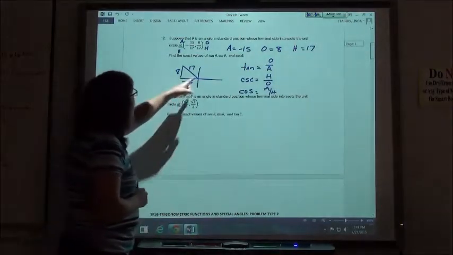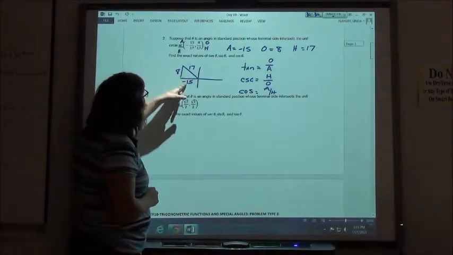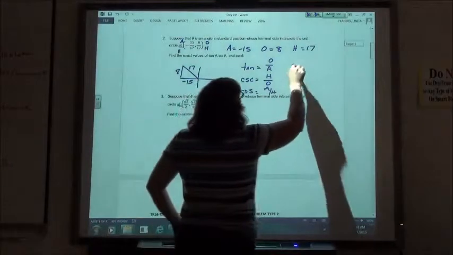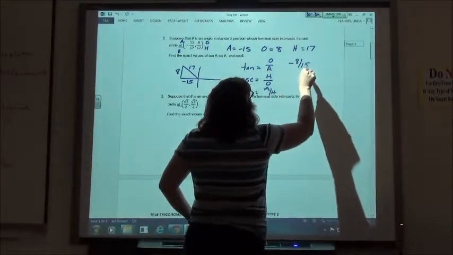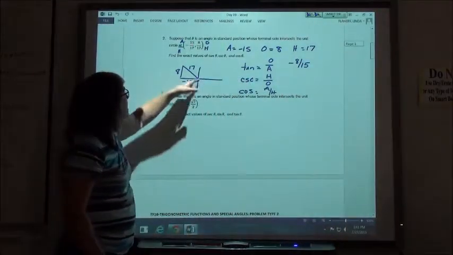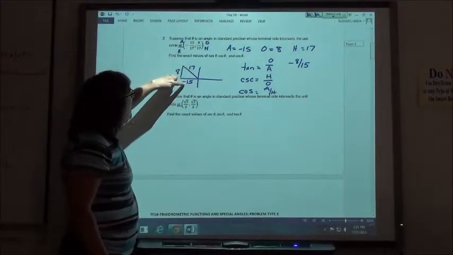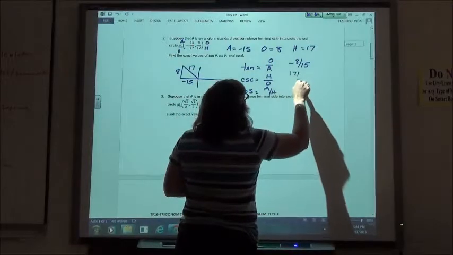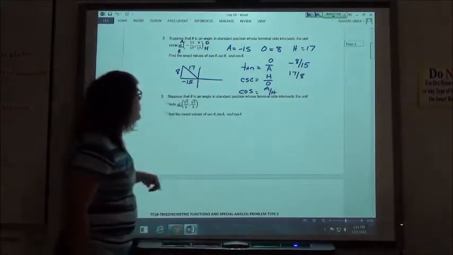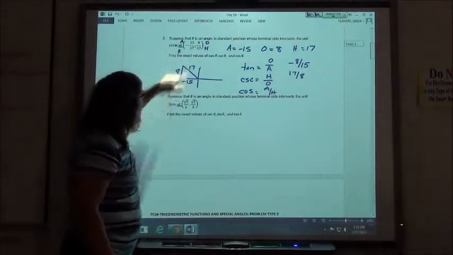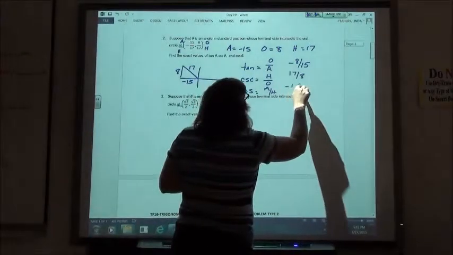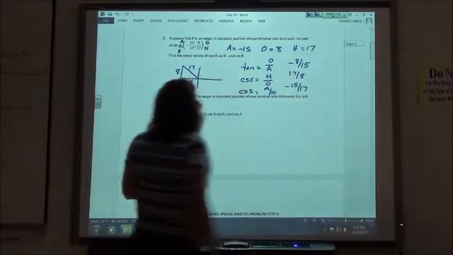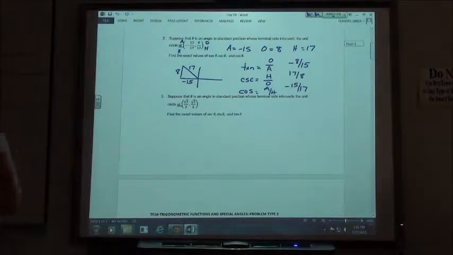So my tangent, my opposite over adjacent, so I'm going to have negative 8/15. Cosecant, hypotenuse over the opposite, 17 over 8. And then cosine, adjacent over hypotenuse, negative 15/17 then. Of course on Alex they always put the negative in front of the fraction.